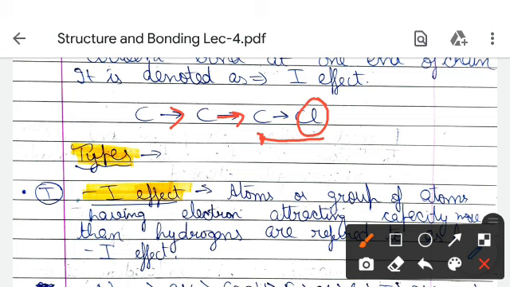So it is an inductive effect, and it is of two types. First is minus I effect, second is plus I effect.